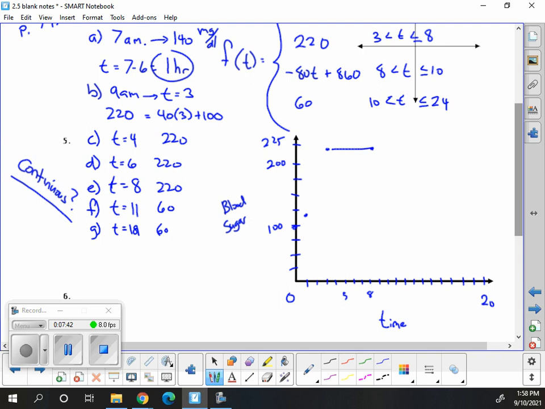I missed it. Scoot that over. And then once we get here, we get a slope of what? Negative 80. So from here to the next ones, at 11 it was down to 60. So 9, 10, 11, 25, 50, somewhere in this area.